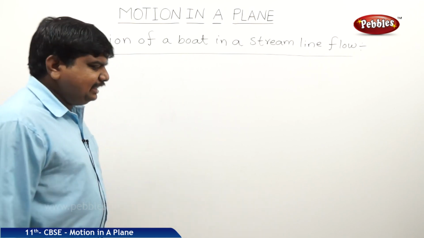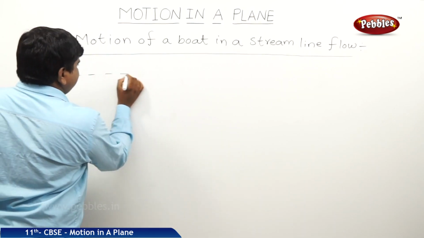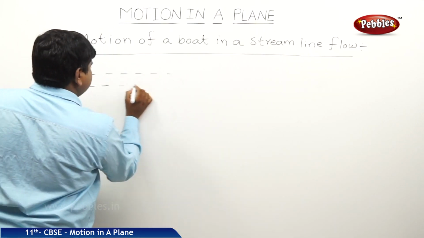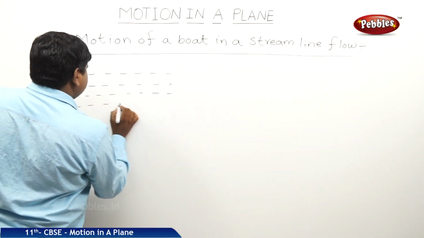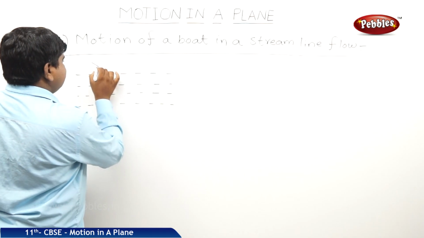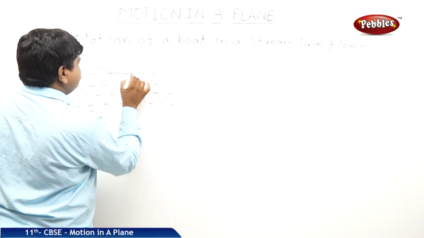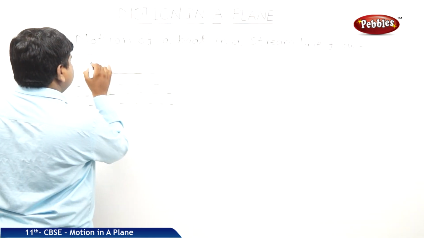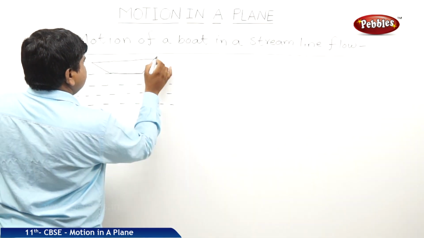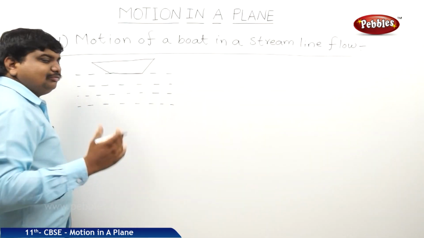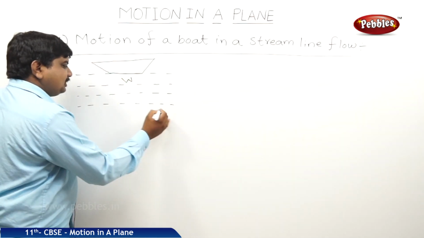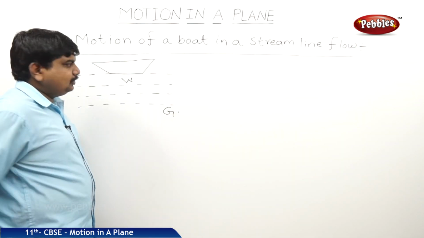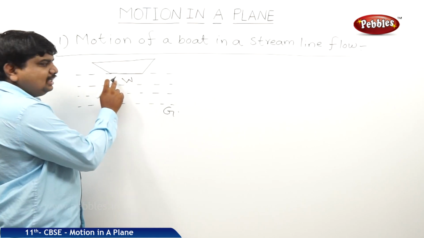A boat is moving in some amount of water, like this. A simple diagram for the sailing. Water is moving with respect to ground. Boat is moving relative to water.